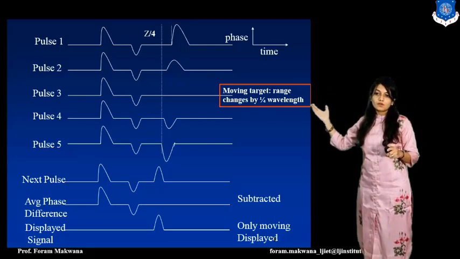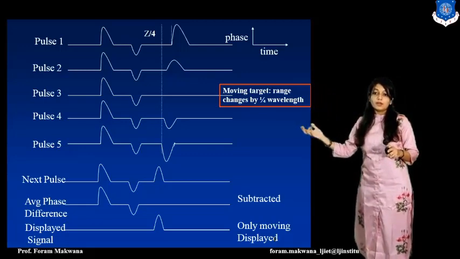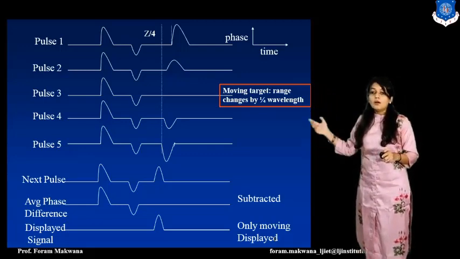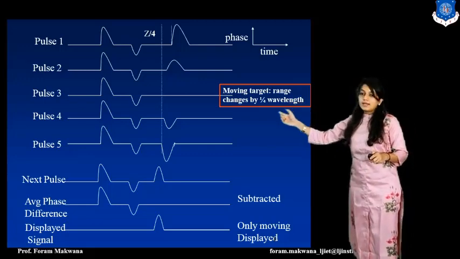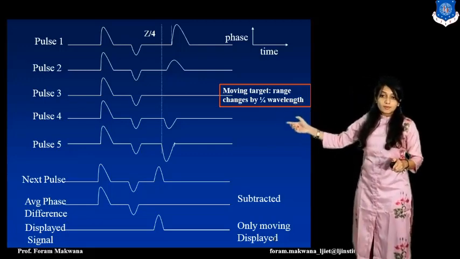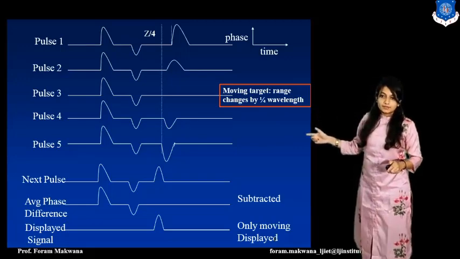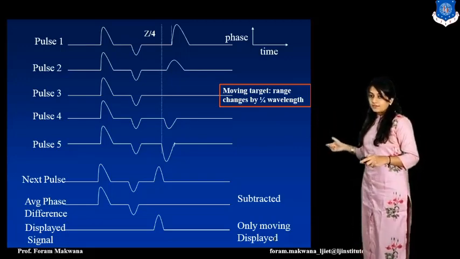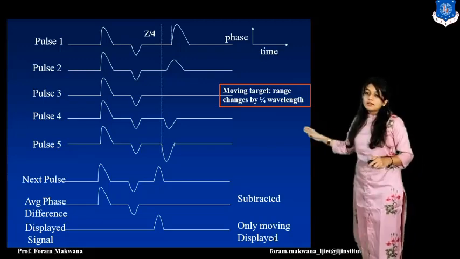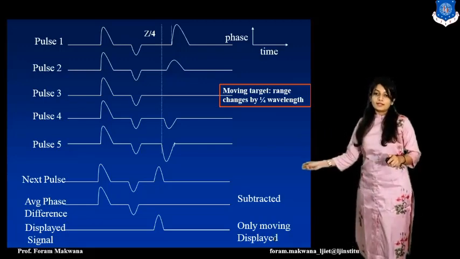Similarly for pulse 2 and pulse 3. But for pulse 4, a positive and negative spike is there, but after the negative spike, we get another negative spike. For pulse 5, that third negative spike is more negative.